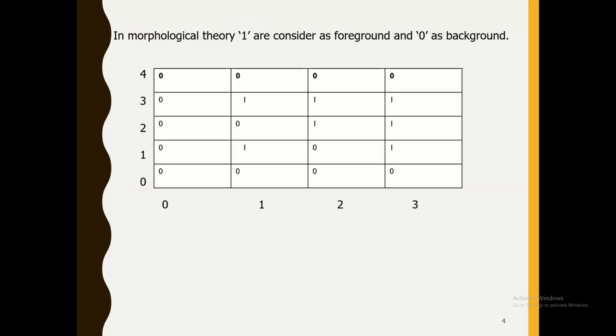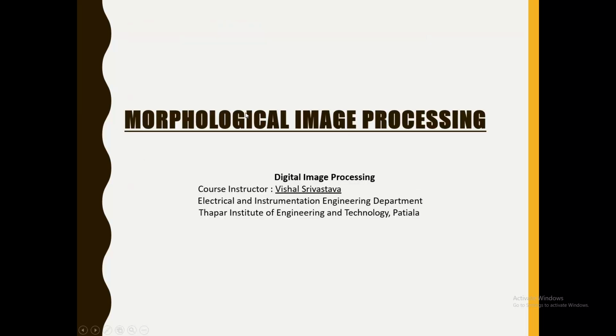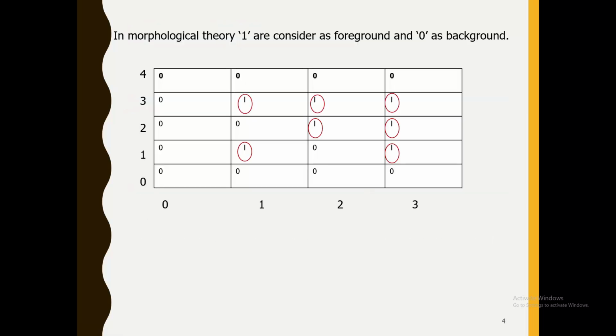In the case of morphological operations, ones are considered as foreground and zeros as background. So basically morphological operations work on binary images. Here ones are considered as foreground and zeros as background. The locations at which ones are present are considered as foreground.